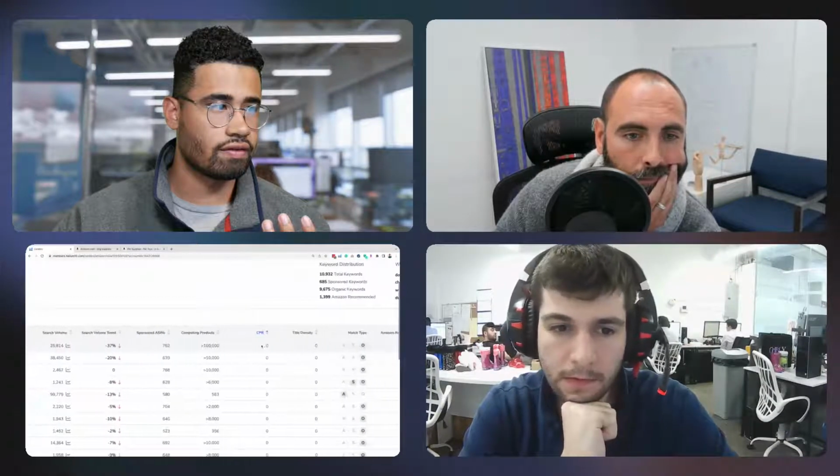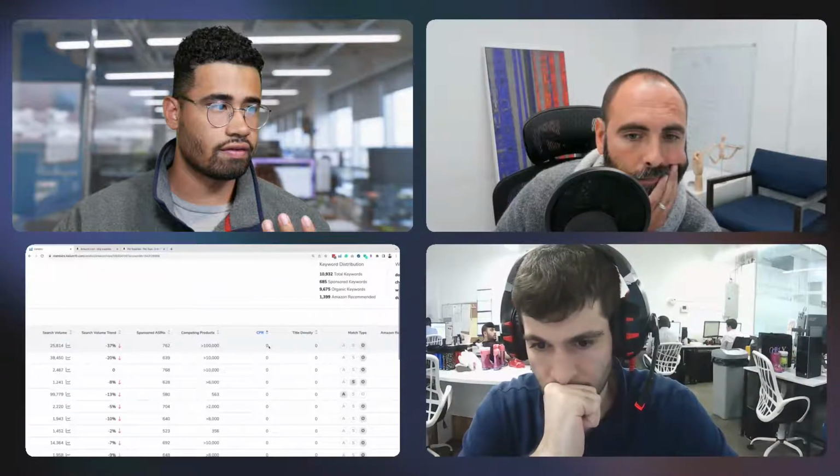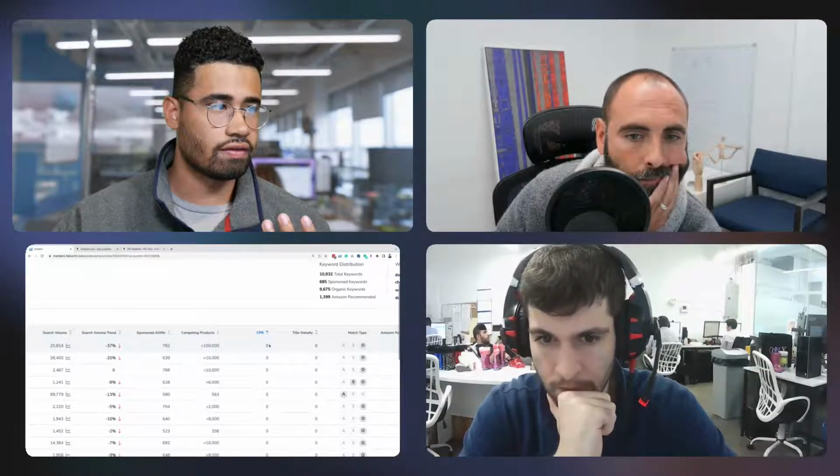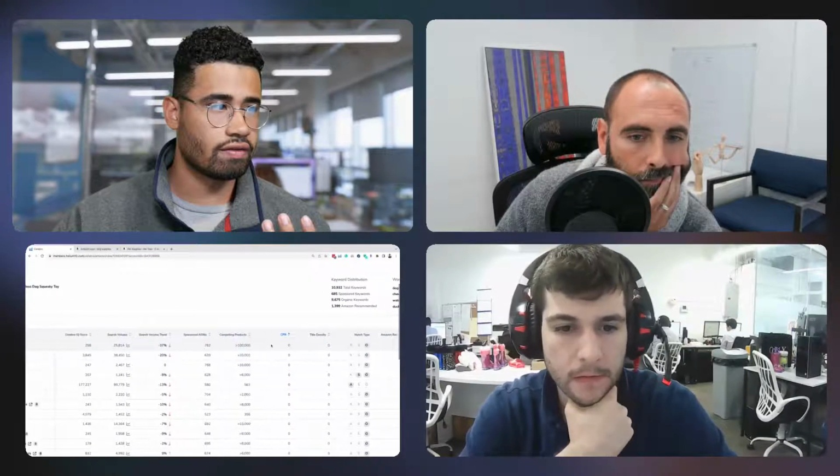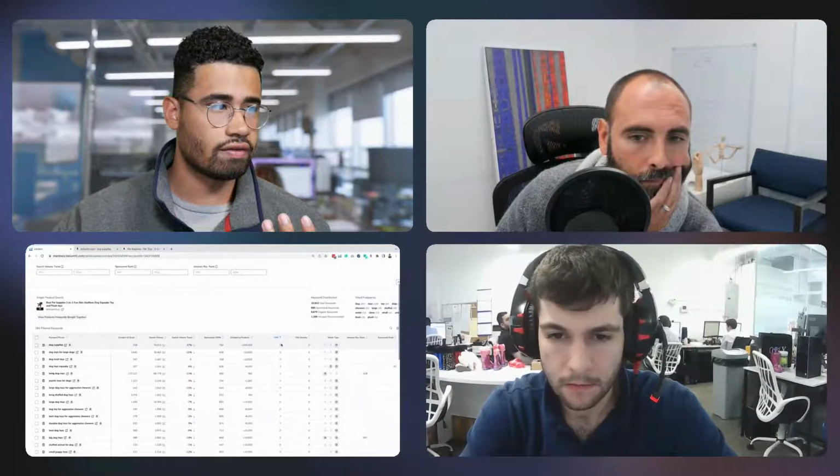But based on 0 CPR, we know immediately that it wouldn't be hard to rank on page 1 initially for this keyword. Now, does 0 CPR mean that once you rank, you can stay on page 1? No, not necessarily. You're still going to have to get some sales eventually for Amazon's algorithm to justify keeping you there.